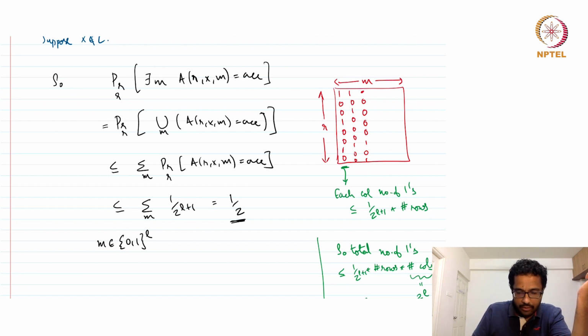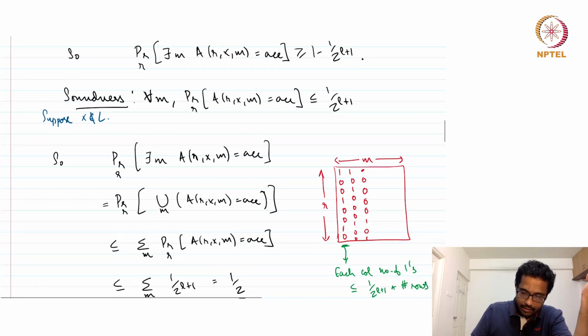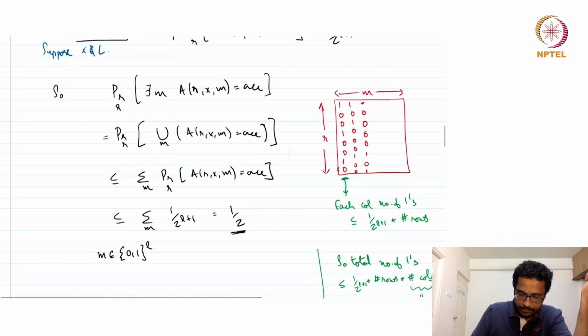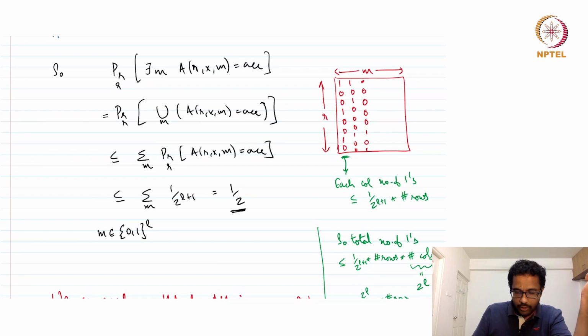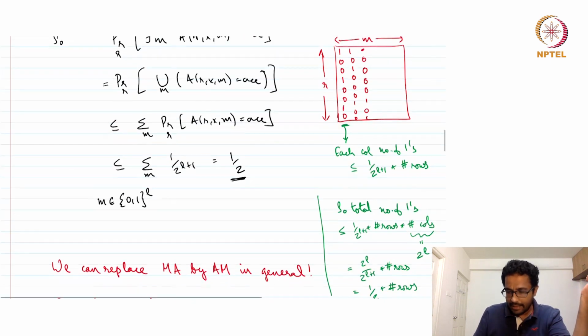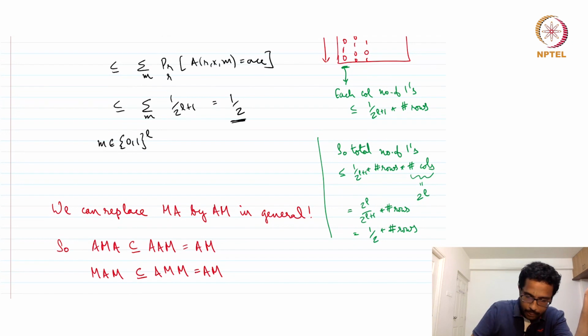You take the summation over all M of the probability that M will lead to acceptance, and the probability that a specific M and R gets accepted is at most 1 by 2 power L plus 1 by the soundness condition above. You sum it over all M and you get half, which is exactly the same computation that we did over here, where we got 2 power L divided by 2 power L plus 1.